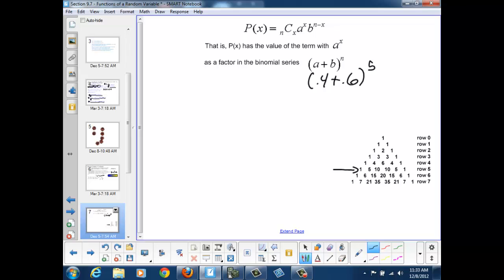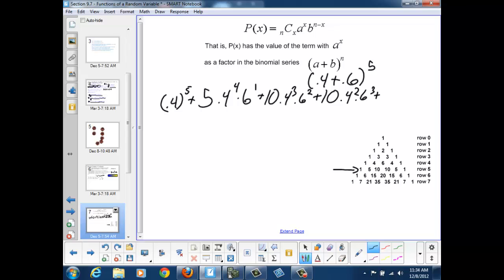So I would have my first term times 1, so 0.4 raised to the 5th, plus 5 times 0.4 raised to the 4th, times 0.6 raised to the 1st, plus 10 times 0.4 cubed times 0.6 squared, plus 10 times 0.4 squared times 0.6 cubed, plus 5 times 0.4 times 0.6 to the 4th, plus 0.6 to the 5th.